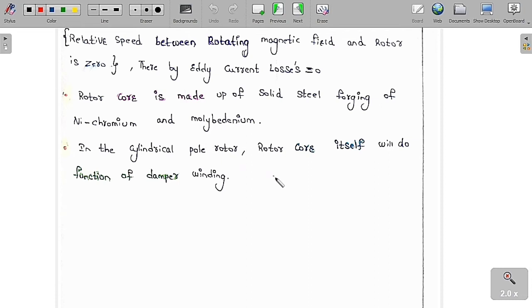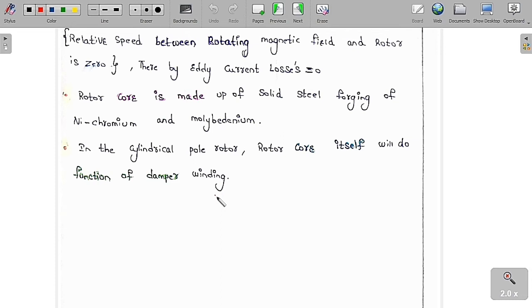In the cylindrical pole rotor, the core itself is going to do the function of the damper winding. I have already told you the important functions of the damper winding in the synchronous machine. In a synchronous motor, the function of the damper winding is to prevent hunting, and also to provide the starting torque. Whereas in the synchronous generator, the function of the damper winding is to suppress the negative sequence components of fluxes, so only one function is done by the damper winding in the case of the synchronous generator.